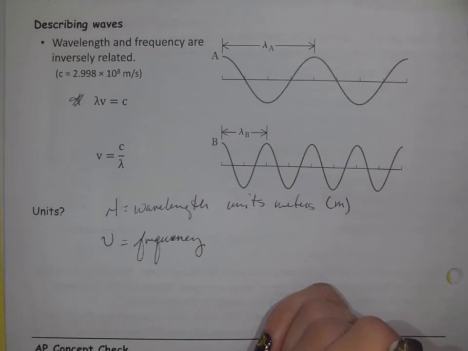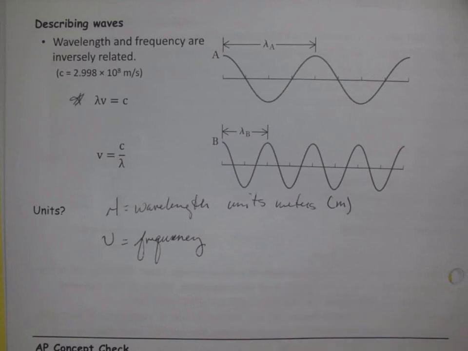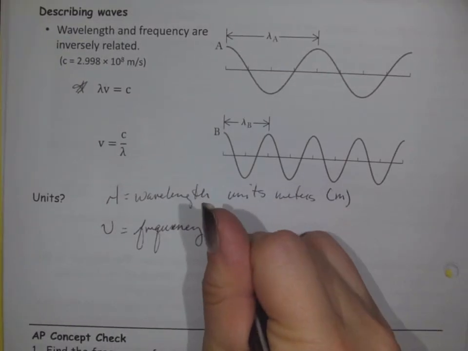The distance between the tops of the waves is wavelength. But what frequency would be is like, okay, I start my timer, click, and I'm counting how many waves hit the dock in 1 minute. Oh, there was 12 waves that hit the dock in 1 minute. That would be a frequency of 12 per minute. Okay? So here, instead of per minute, it's going to be per second. And that's what the units are.